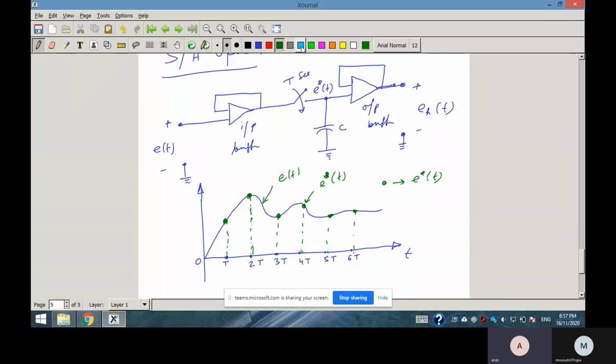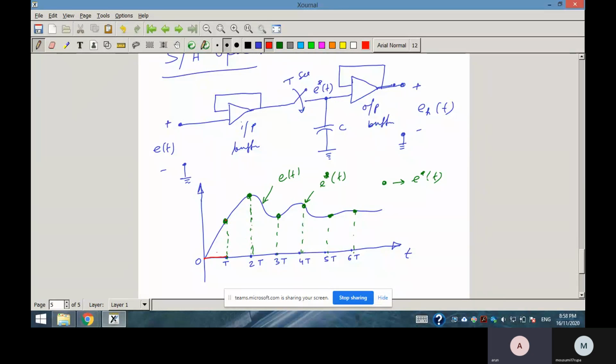So what will be your voltage? Suppose 0 to T, 0 to T, 0 to T. Here the initial value is 0, so it will remain 0.